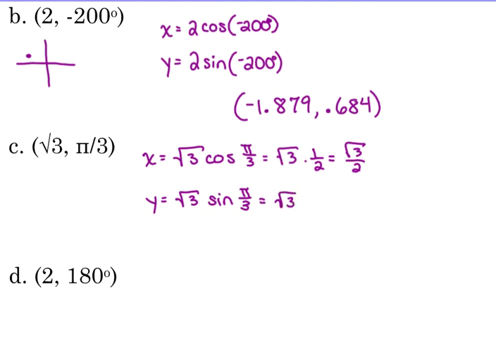The sine of pi over 3 is equal to the square root of 3 over 2. The square root of 3 times the square root of 3 is the square root of 9, which is 3. So we have the square root of 3 over 2 and just 3 over 2. And our angle is in the first quadrant, so positive x, positive y. That agrees.